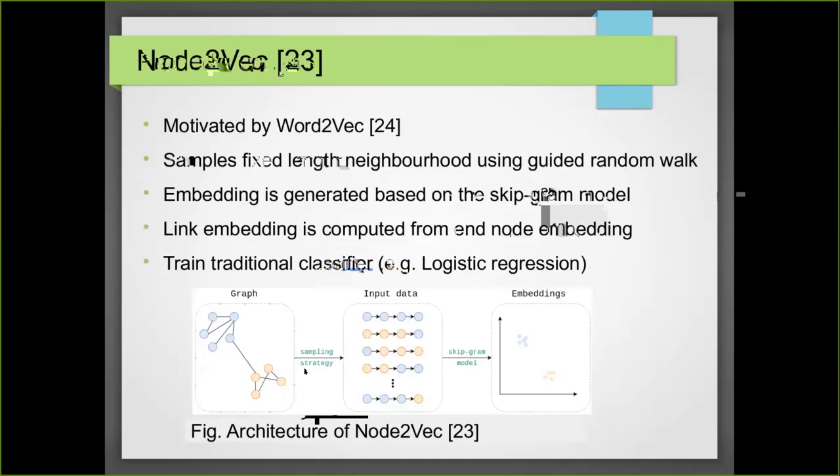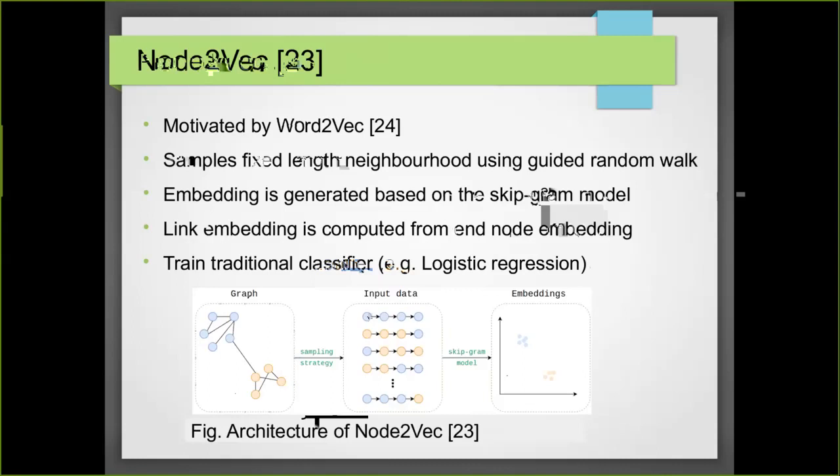So first of all, we have an input graph, and we generate sequences of nodes by random walk, and we use the skip-gram model to learn the embeddings of the nodes. Then the node embeddings are used for generating a link embedding.